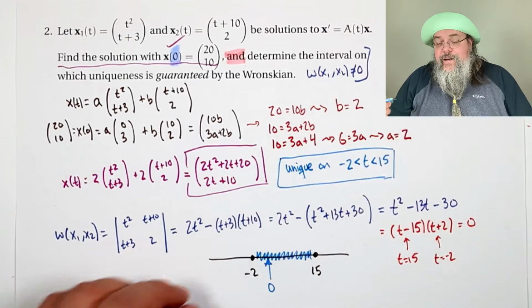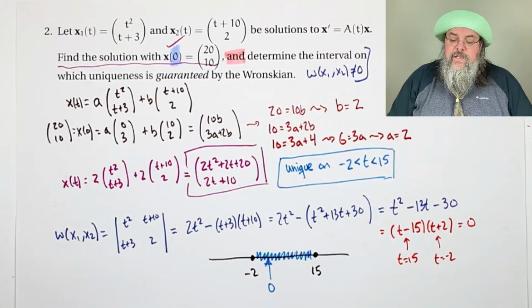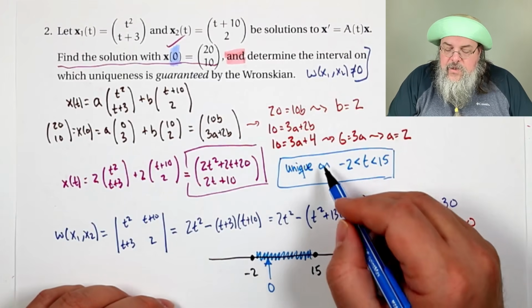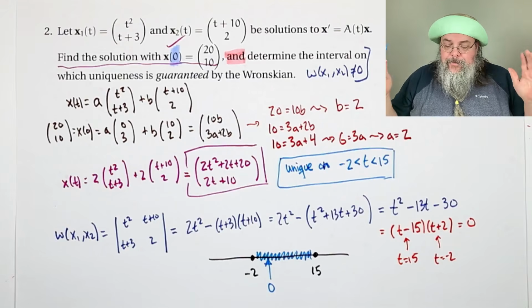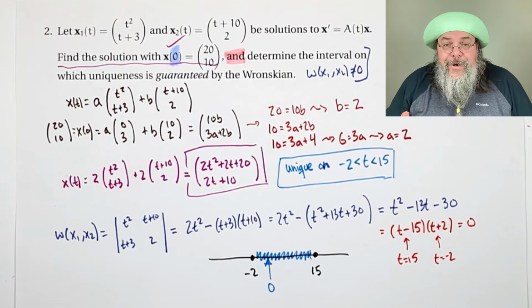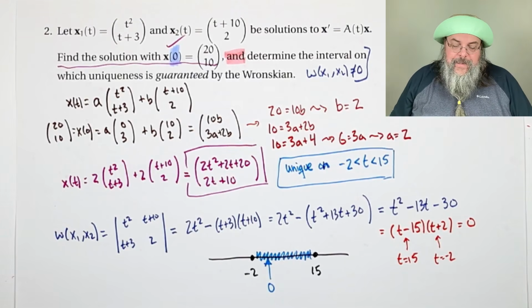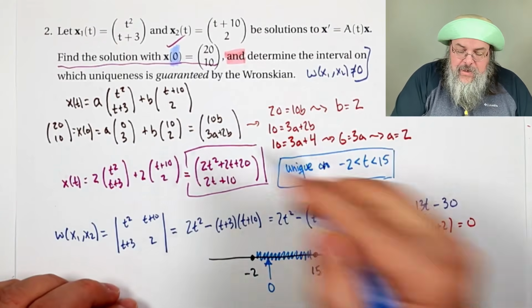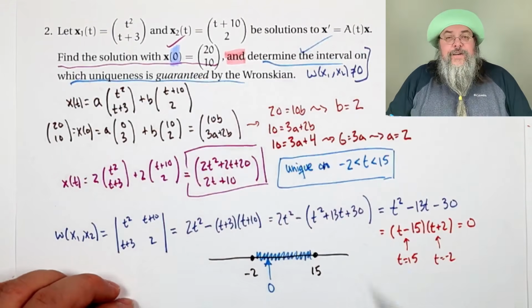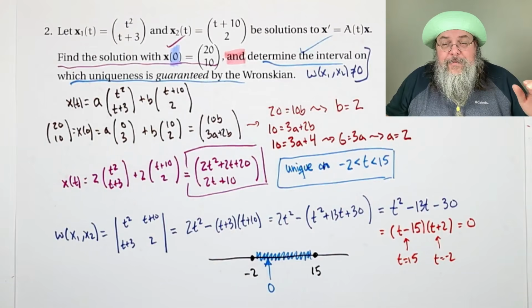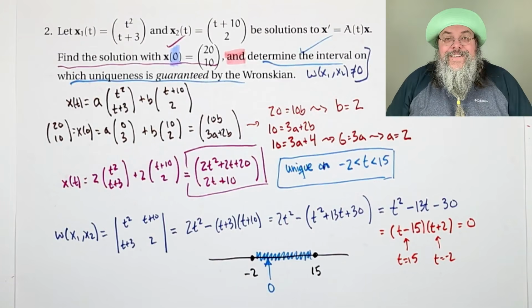A of t could be breaking down. That could cause problems. But for sure, we can make this conclusion. From negative 2 to 15, we are good to go. All right, and there's our second part. And so good. That part is also done. We finished this problem. Nice.